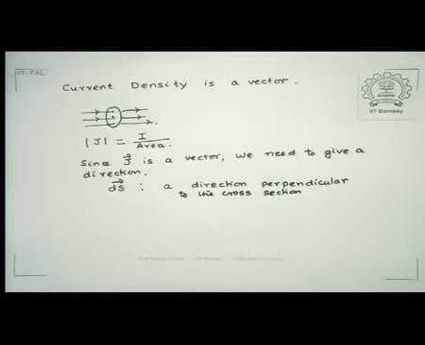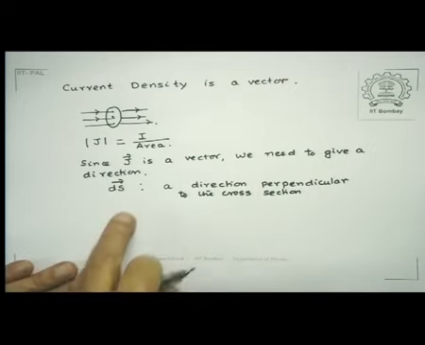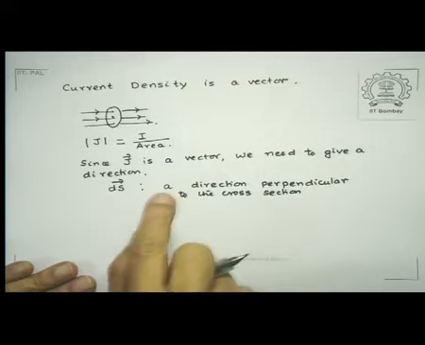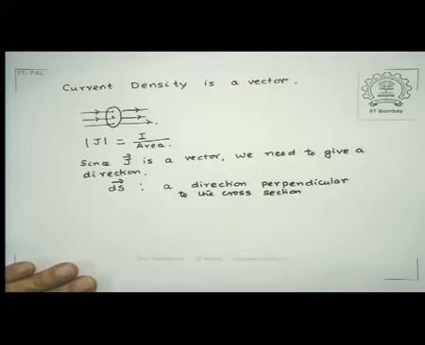Obviously this definition makes sense only if the area is infinitesimally small. Now, this direction: every surface has two sides, one on which the current is coming in and the other side of the surface, the direction from where the current is coming out.